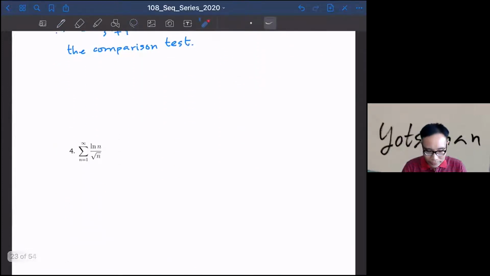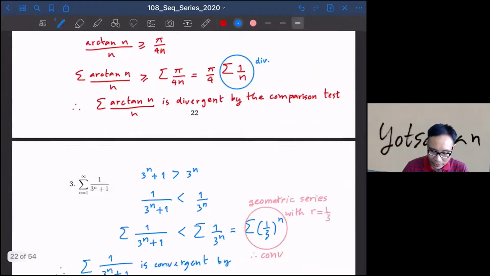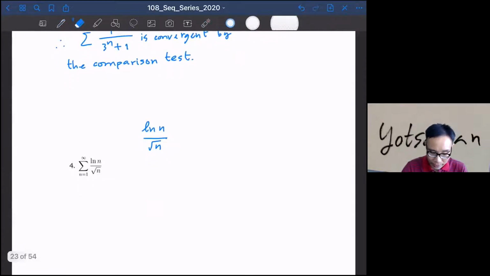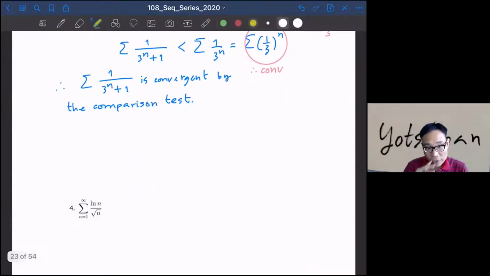Okay, the next one again, you have log n over root n. So for number 4, you have log n over root n.